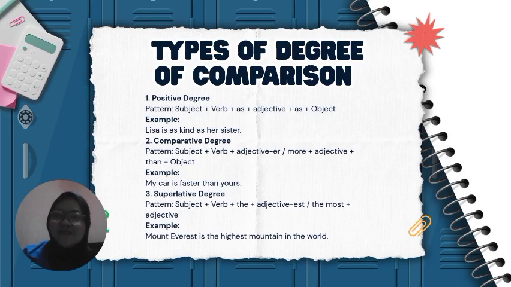This type is used when comparing three or more people or things. The pattern is subject plus verb plus the plus adjective-est or the most plus adjective. For example, Mount Everest is the highest mountain in the world. By understanding these patterns, we can choose the correct form when making comparisons.